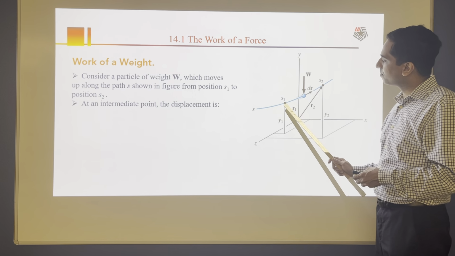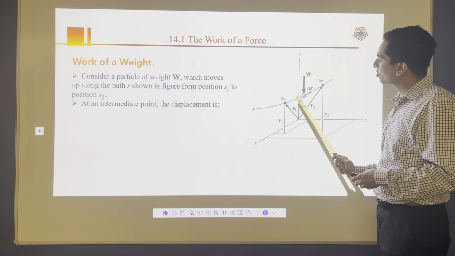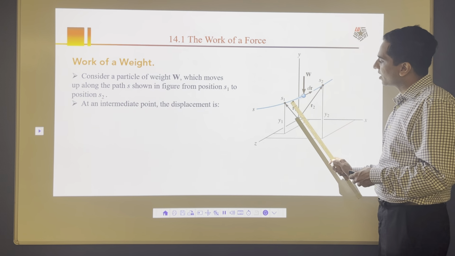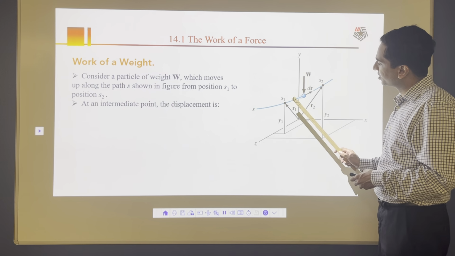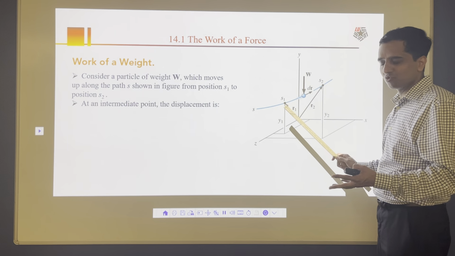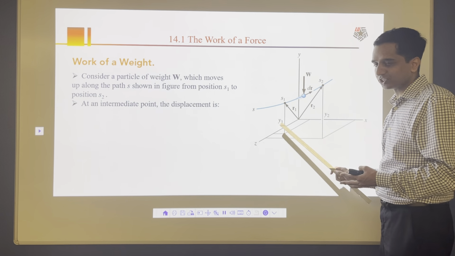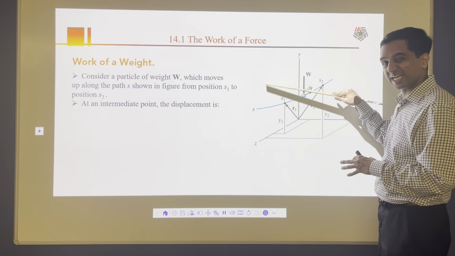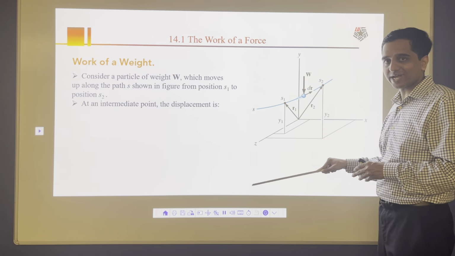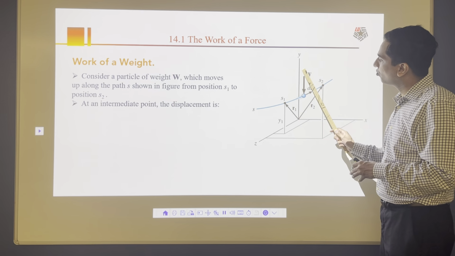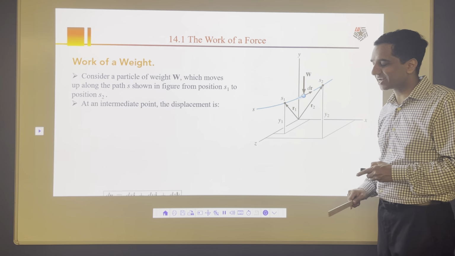Let's assume I have a particle moving from this point to this point along a curved path, and I want to know the work done. It is going to move from position y1 to position y2, that's the change in height. I want to calculate the work done by the weight of that particle, or the work done by gravity.